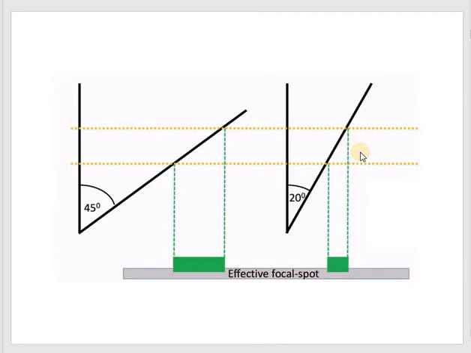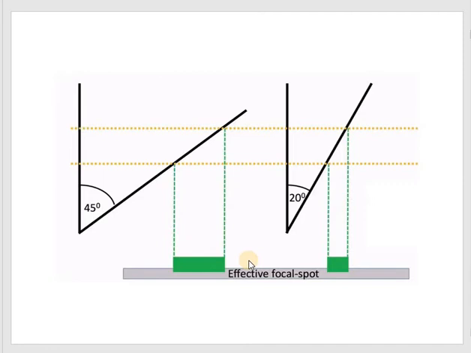So depending on if it's stationary or rotating. Then we have effective focal spot. The same electron beam field at two different anode angles produces two different focal spot sizes, which will produce a different effective focal spot.